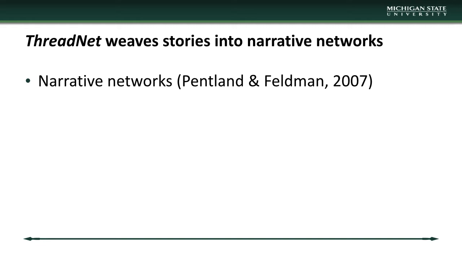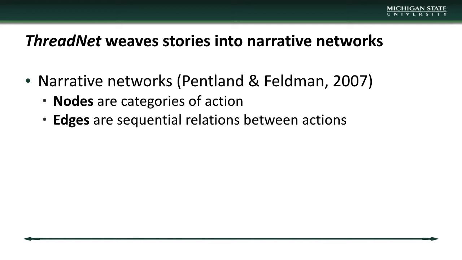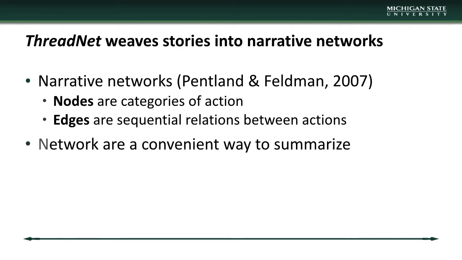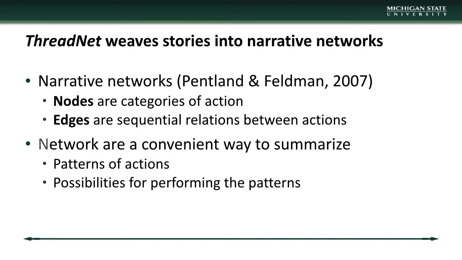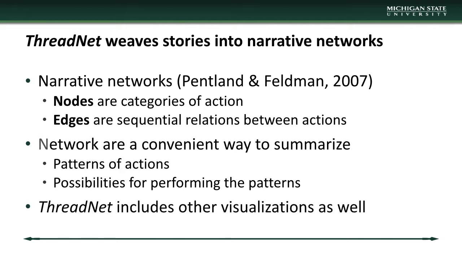In a narrative network, unlike a social network, the nodes are categories of action, and the edges represent sequential relations between those actions. And narrative networks are a convenient way to summarize patterns of action and also the possibilities for performing those patterns. So it packs a lot of information into a very simple representation.